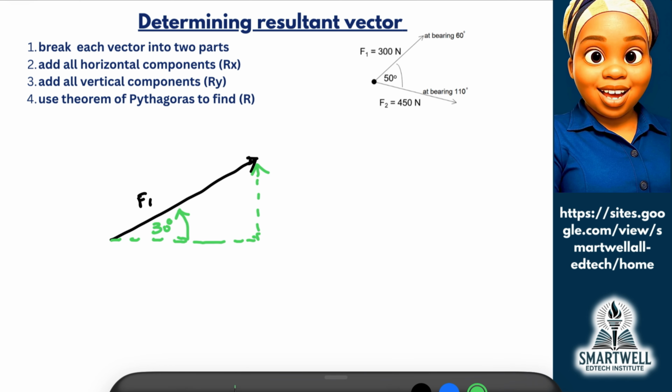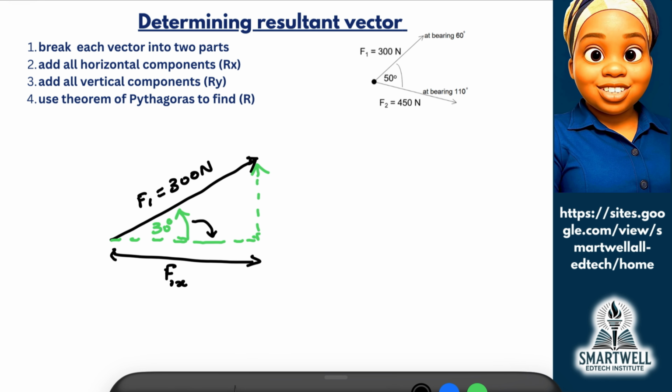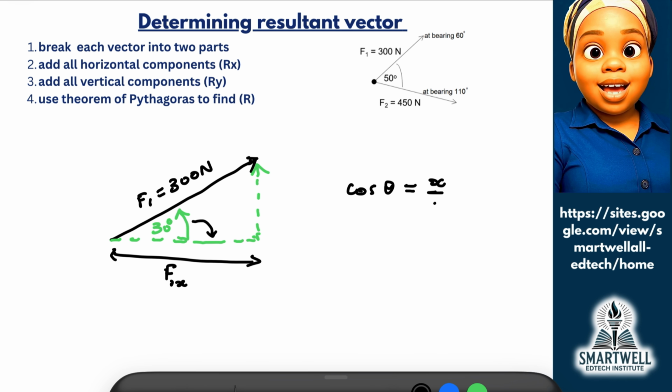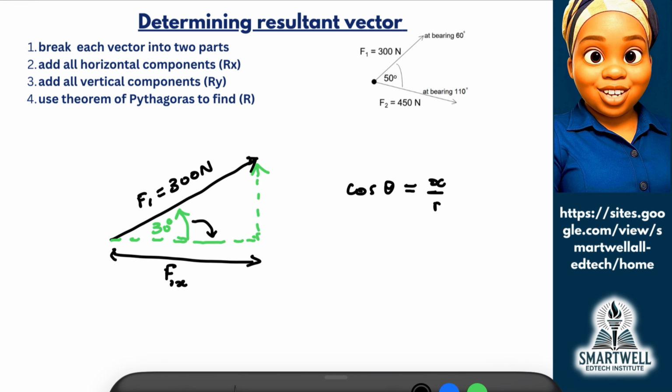Now we are going to calculate the components of this vector. First, we will determine the horizontal component. According to the trigonometric definitions, this is the adjacent side of the triangle. By definition, cosine theta is equal to x divided by r, where r is the hypotenuse side of the triangle, and that is our F1 force that we are breaking down.